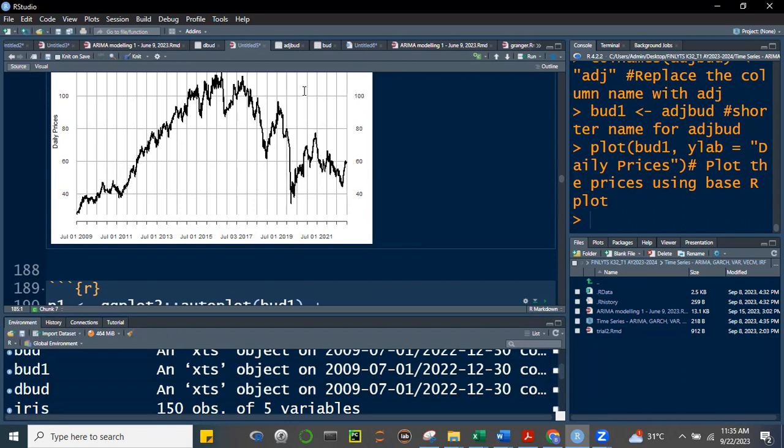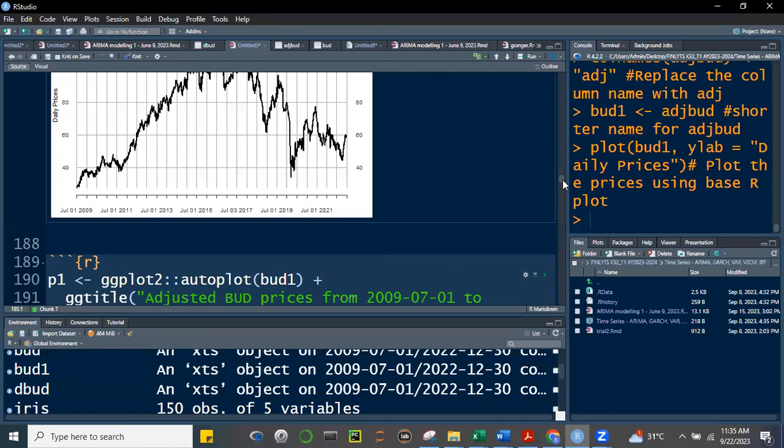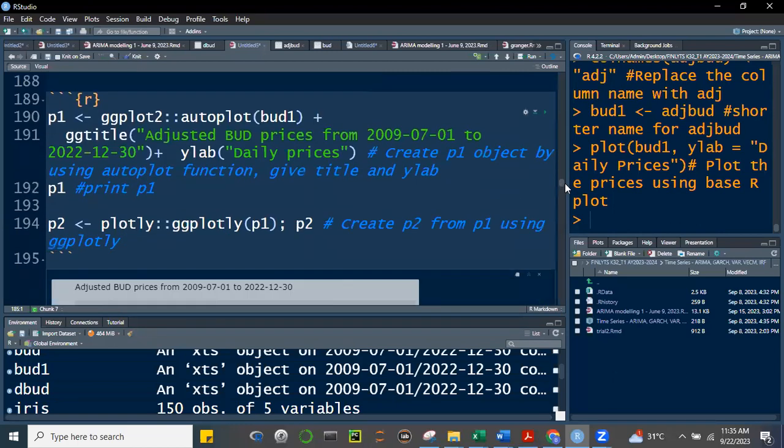So I was referring to the trend. So quite difficult to see here the stationarity in variance, but don't fret because there are statistical functions that we can use in order to test for stationarity. And last time we also learned how to use ggplot2, which is a more robust method of plotting.